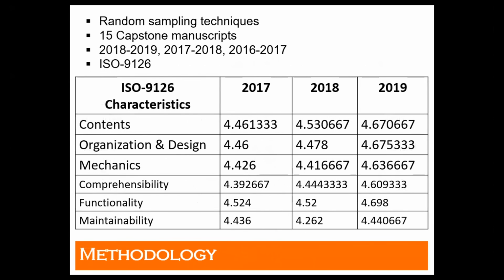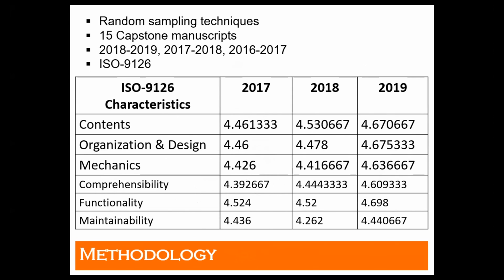So for the methodology of the study, random sampling techniques have been utilized among the 15 capstone manuscripts that were observed during the 3 consecutive years of 2016 to 2019, having a total of 45 manuscripts that were observed.